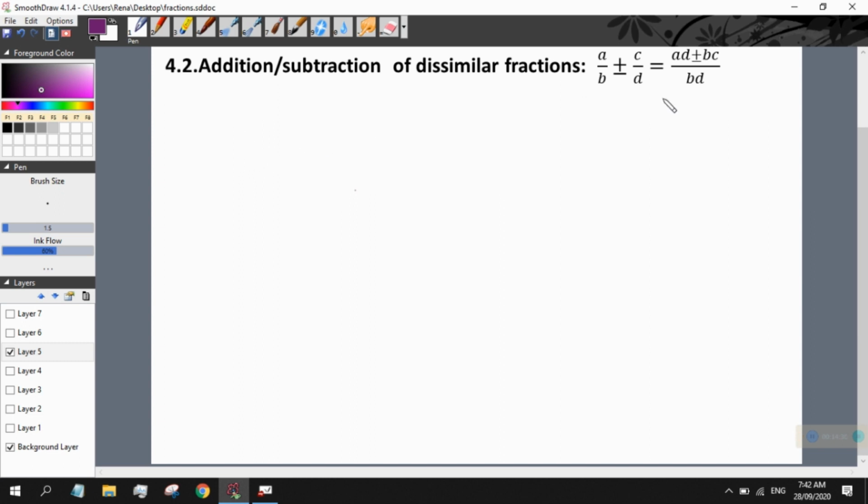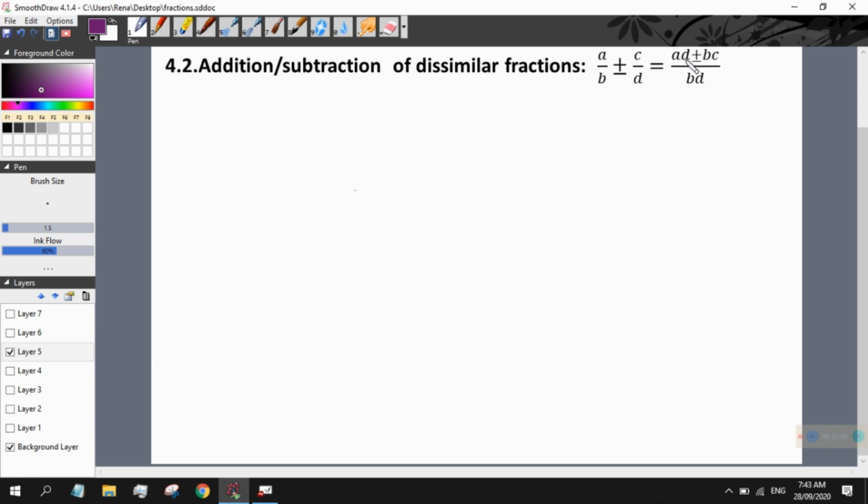Just like what we did earlier, we have taken the product of the first fraction and the second fraction. Specifically, the numerator of the first fraction should be multiplied by the denominator of the second fraction, and the denominator of the first fraction should be multiplied by the numerator of the second fraction.